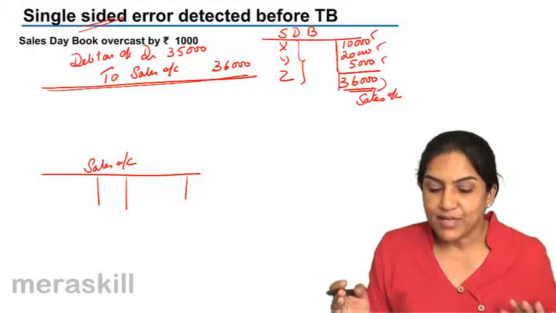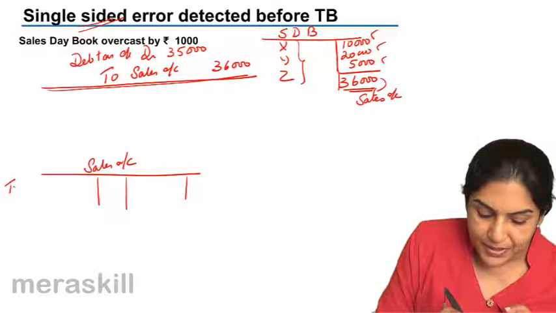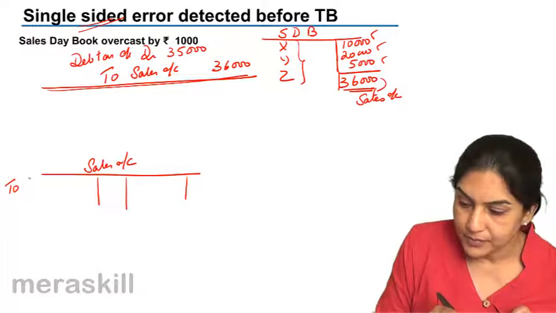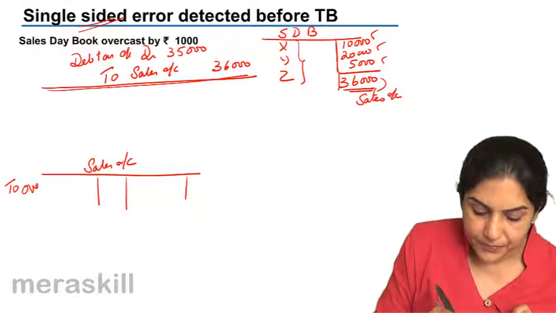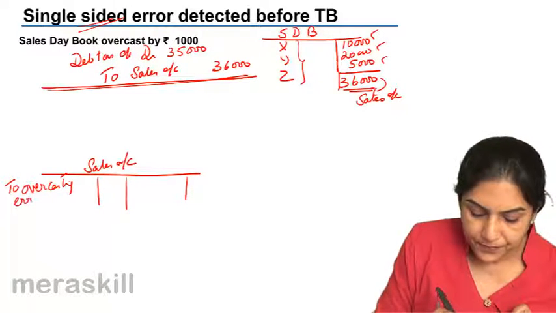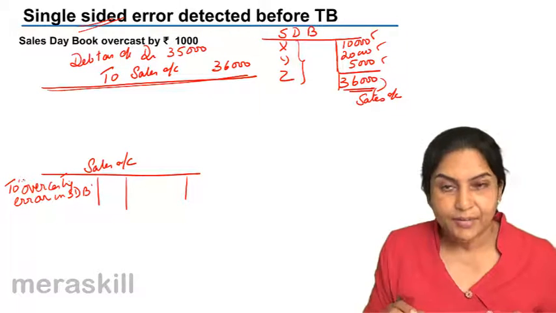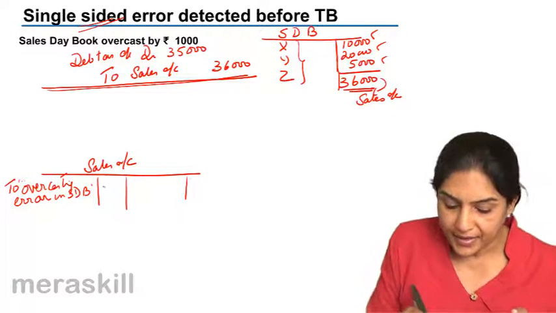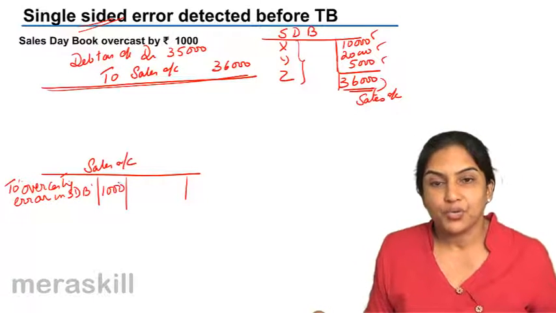Since credit side is more, we go to the debit side of the sales account and simply say, to error in casting or overcasting error in sales daybook. This is more like a statement. It is not a double entry, but we put this 1,000 here so that now the sales account would tally.